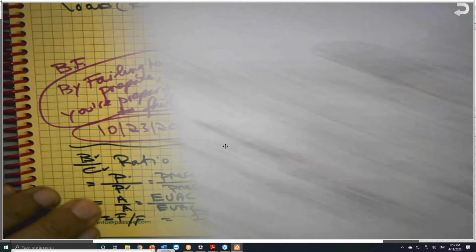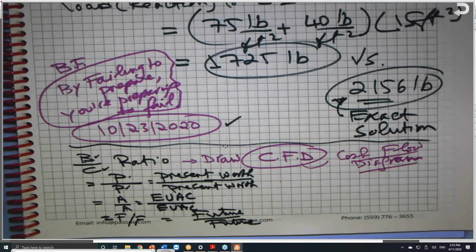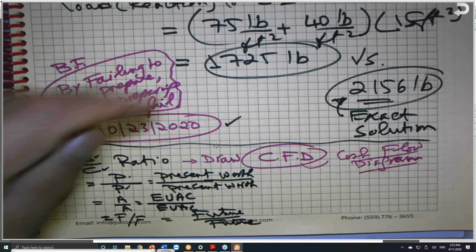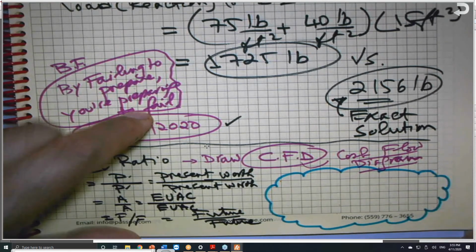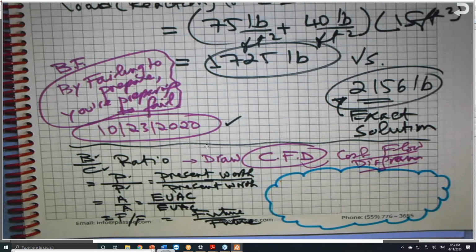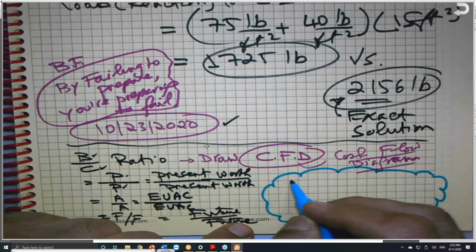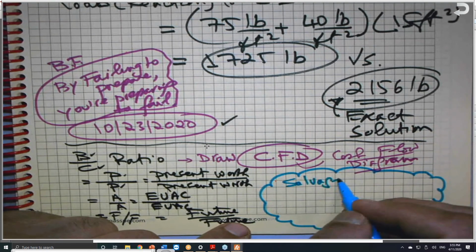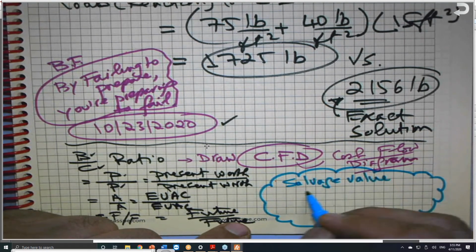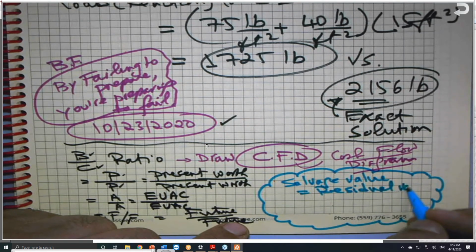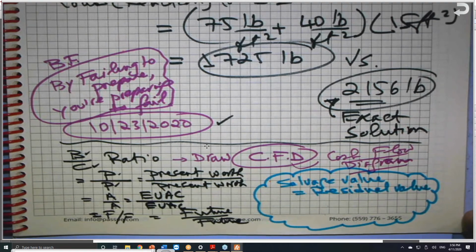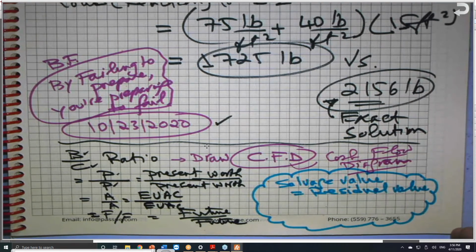One more statement I should add here, and let me put it in a different color, at least you will remember it. I need you to remember one important thing for the benefit cost ratio, which is about the salvage value, or sometimes we call it residual value, which is the value of the asset after the expected life.